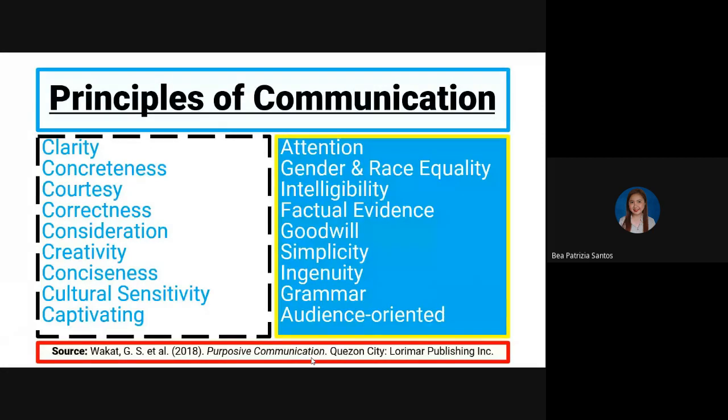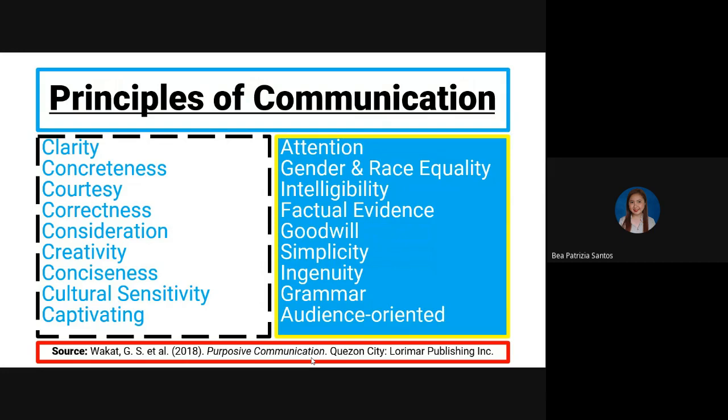Next, creativity. Yes, ingenuity is related to creativity. We need to find resourceful ways in order to get our message across.